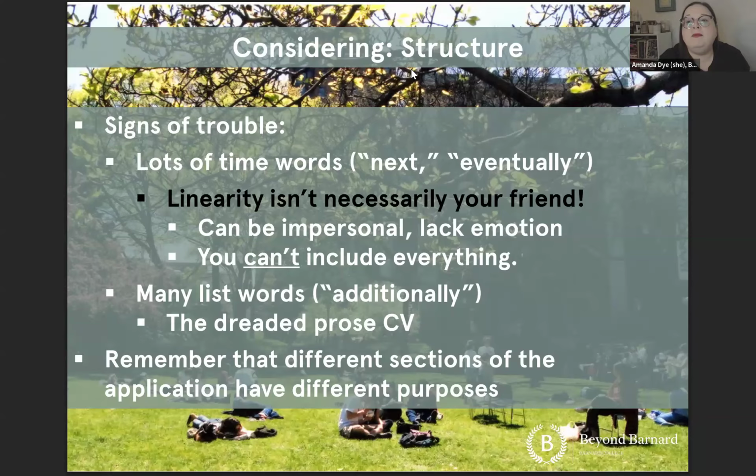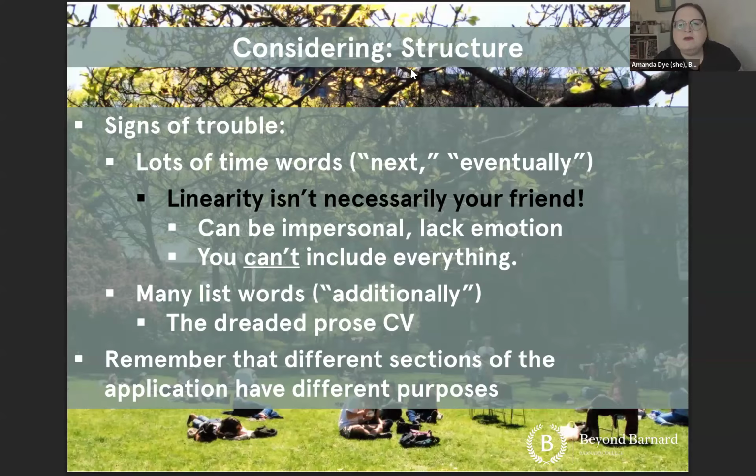I find that it's much more important for the most important things to be highlighted rather than the entirety of the story. We don't have room for the whole story of your development as a pre-professional. We have maybe room for helping the reader understand some significant part of that experience.